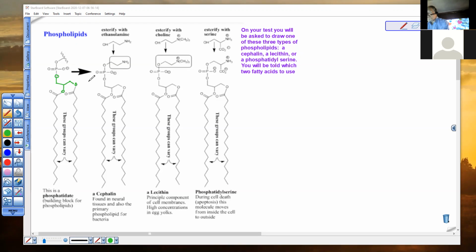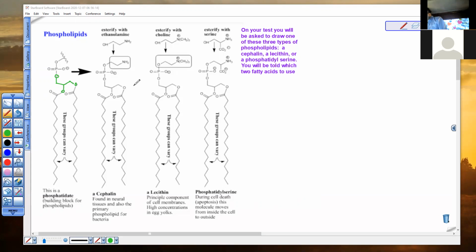If you also make an ester up here with this molecule called ethanolamine, which is a derivative of choline, ethanolamine will make an ester here with the alcohol of ethanolamine on phosphate here. So phosphodiester here now.